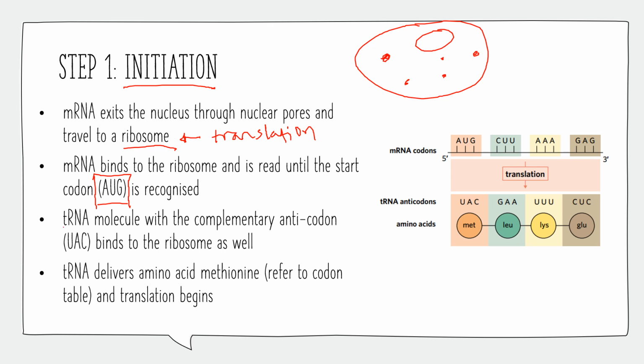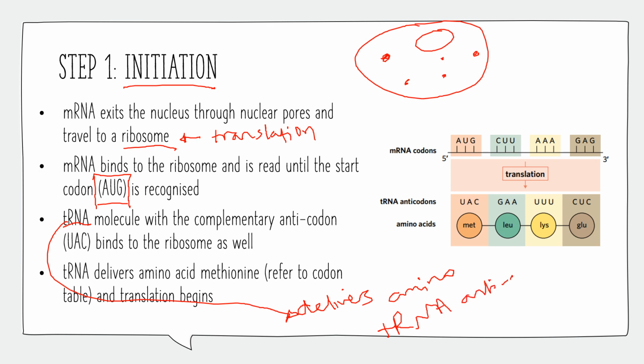So tRNA, hopefully you remember from the last lesson, delivers amino acids. That's its whole job. And tRNA has something called anticodons. I can't spell. There we go. A tRNA molecule with a complementary anticodon will bind to the ribosome as well. You'll see that the tRNA possesses UAC.